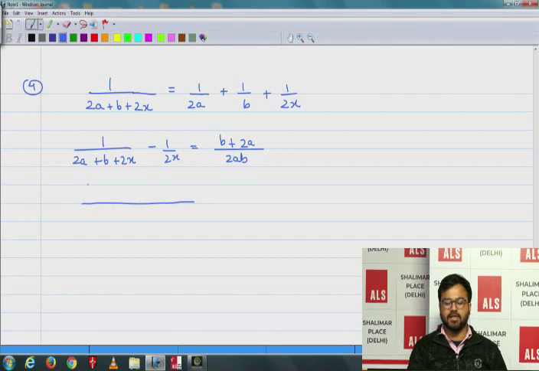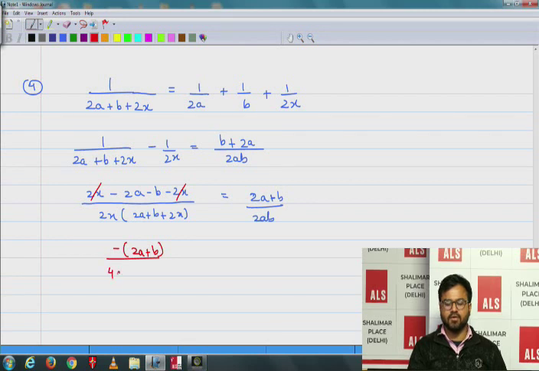And if we take the LCM over here, this will be 2x minus of this thing, so minus 2a minus b minus 2x, and 2x multiplied by all these values, so 2a plus b over 2ab. Now in the numerator, this 2x and 2x will get cancelled out. If we take the minus as common, we will be left with 2a plus b over, and multiplying this, so 4ax plus 2bx plus 4x square.